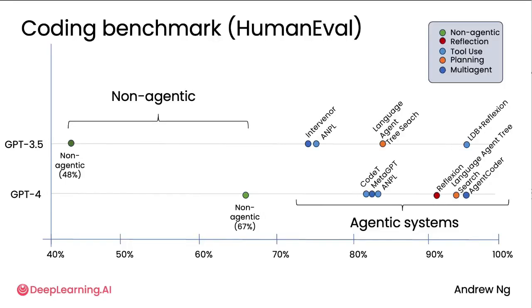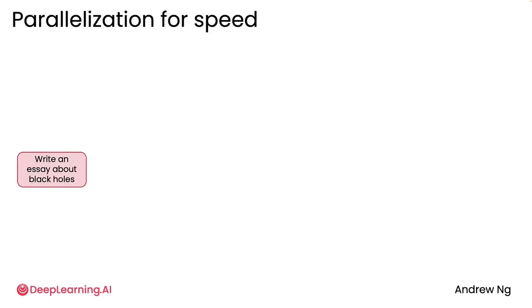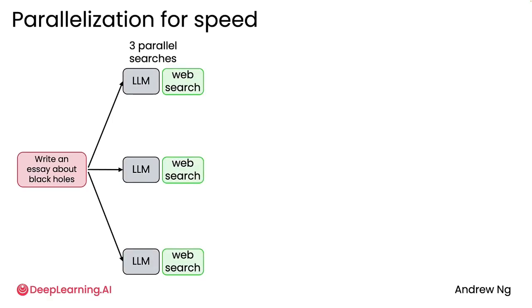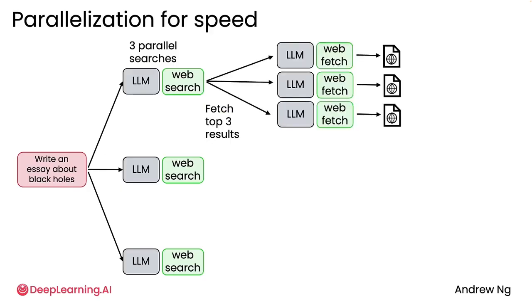Another benefit of using agentic workflows is that they can parallelize some tasks and thus do certain things much faster than a human. For example, if you ask an agentic workflow to write an essay about black holes, you might have 3 LMs run in parallel to generate ideas for web search terms to type into a search engine. Based on the first web search, it may identify, say, 3 top results to fetch.